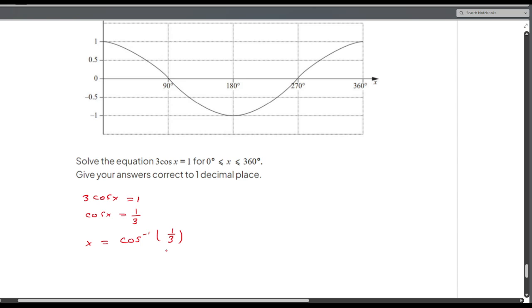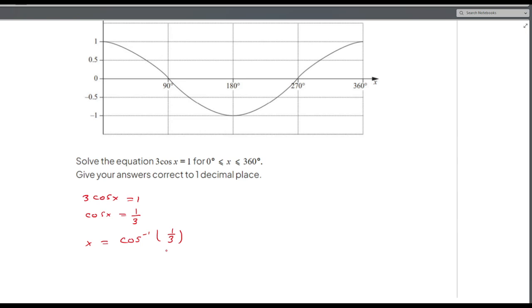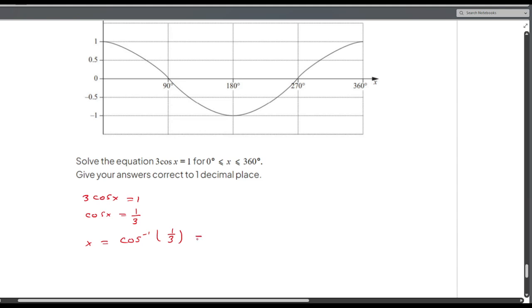Now cos inverse of 1 by 3. Okay, keep your mode in degrees because angles are in degrees. Cos inverse of 1 divided by 3 will give us the answer as 70.5 up to 1 decimal place, 70.5 degrees.